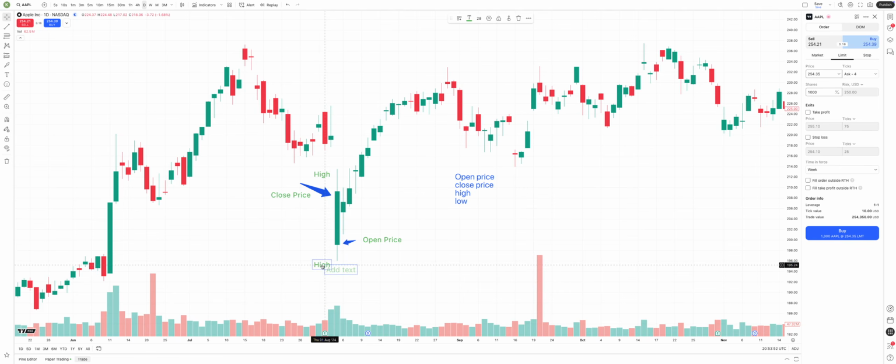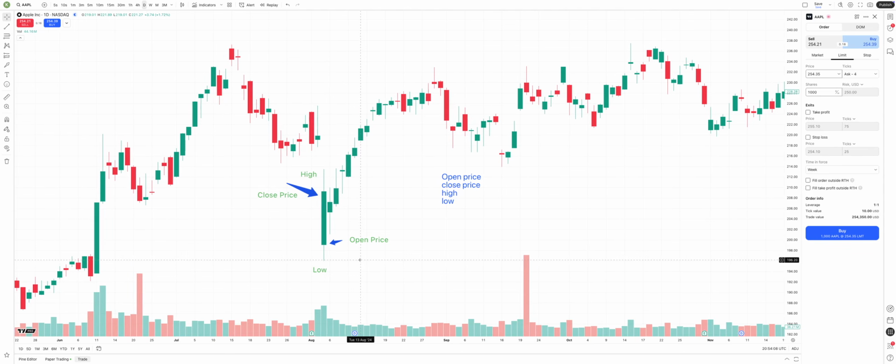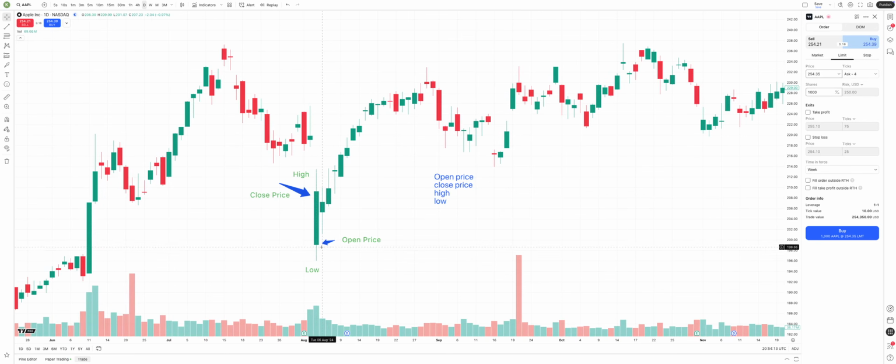These wicks represent the high, how high price moved during that daily time frame, and the low, how low price went, so how much sellers pushed price down. So every green candlestick, you open at the bottom of the body, and then price fluctuates within that time frame, and then it closes.